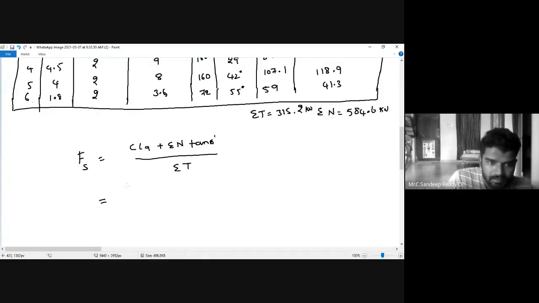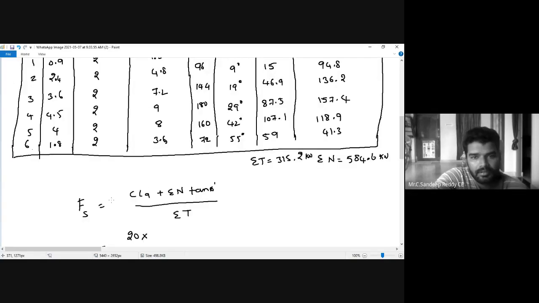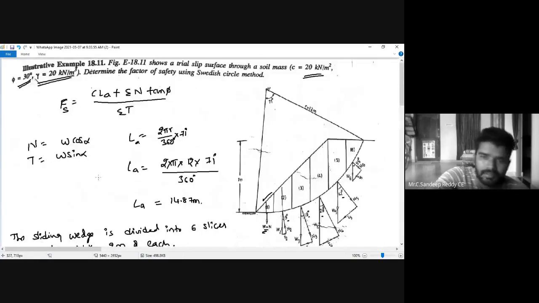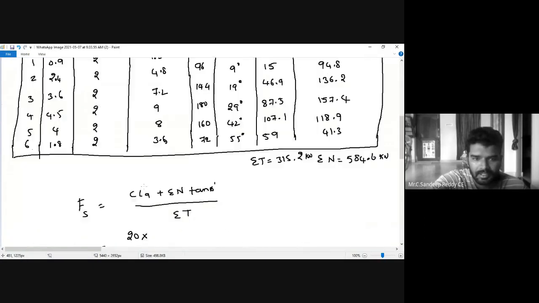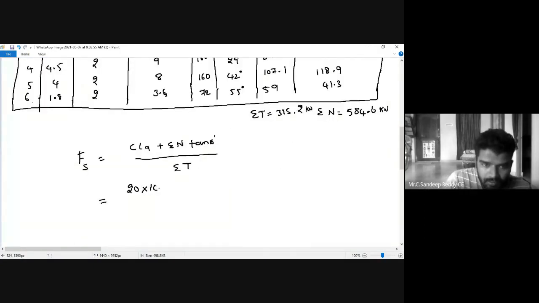C is equal to 20 kilonewtons into La. What is La here? Length of the failure line. We calculated it in the very first step. La is equal to 14.87 meters plus the summation of N, the value in the last column we calculated, 584.6, into tan phi dash. Phi dash given is 30 degrees.